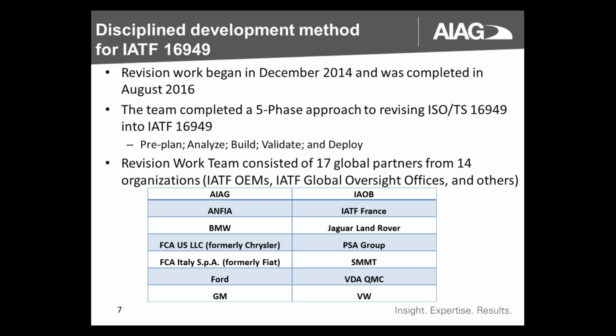There was the pre-plan phase, analyze, build, validate, and deploy. There was a large team working on this project consisting of 17 global partners from 14 organizations, including IATF OEMs, the oversight offices, and others.